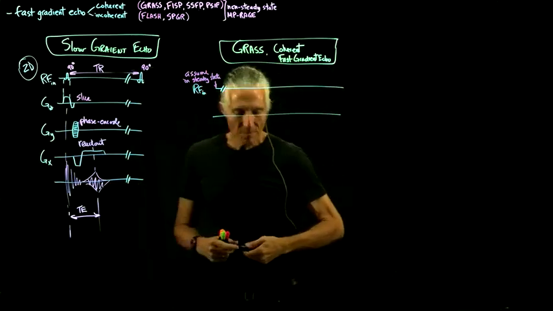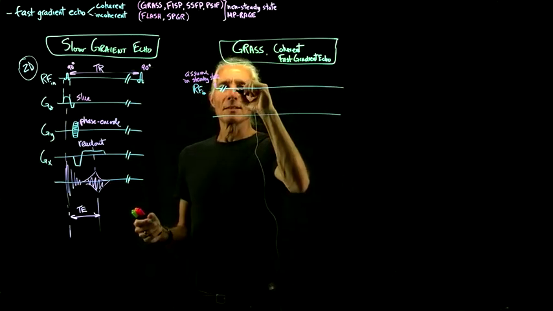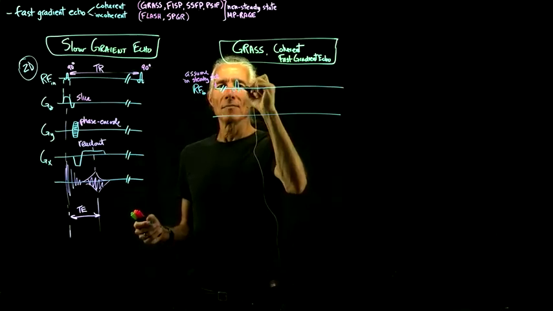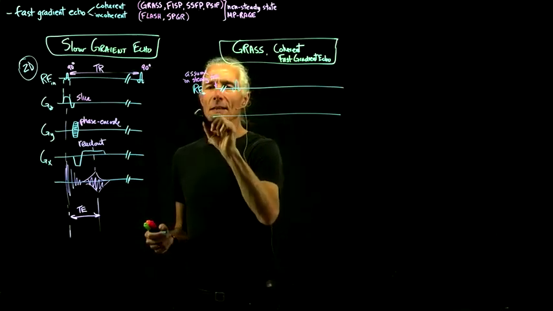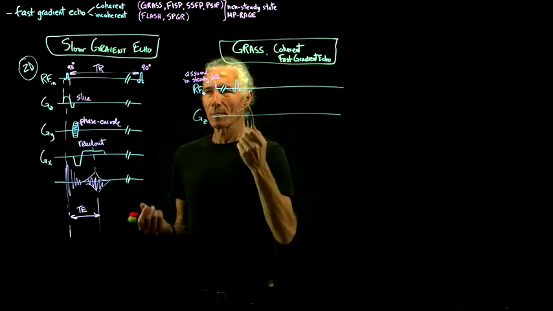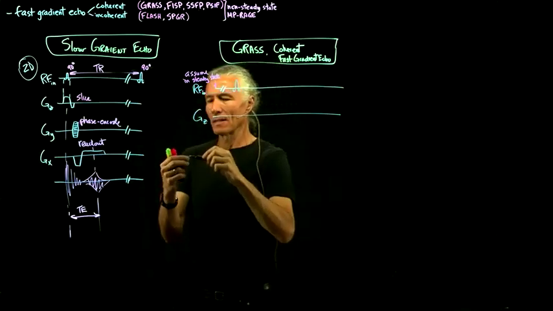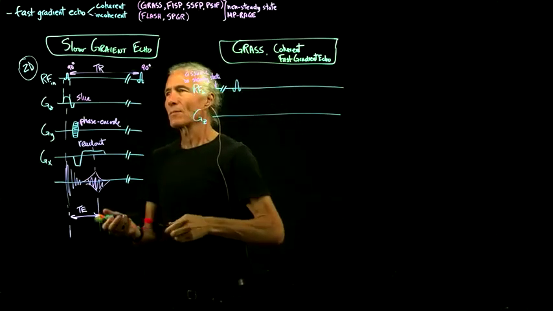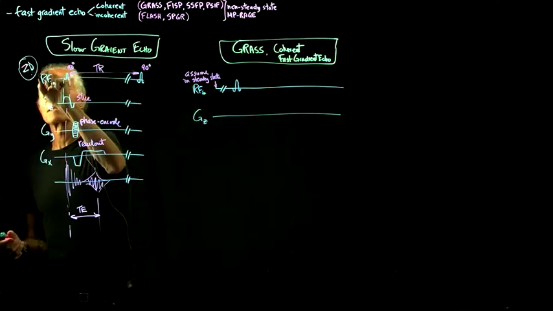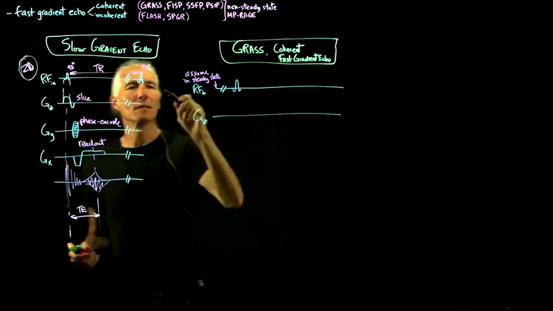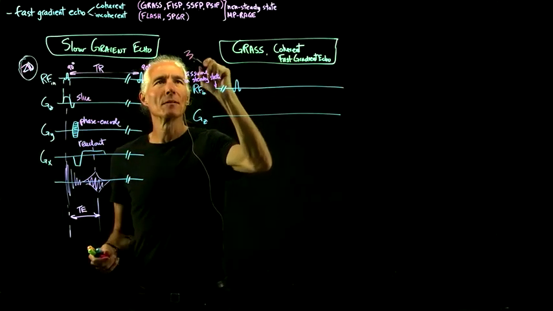So the first thing we do is just do an RF pulse. This one was a 2D example, so I'll make this one a 3D example.